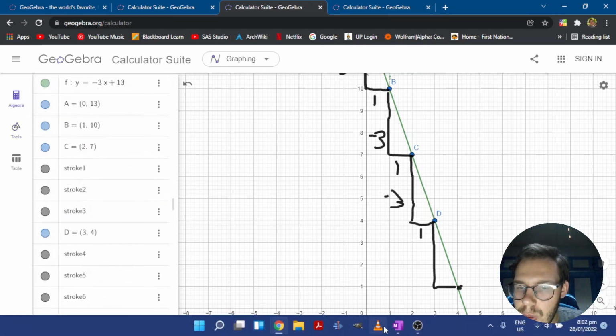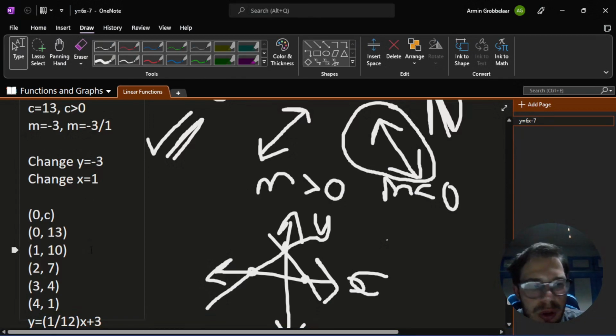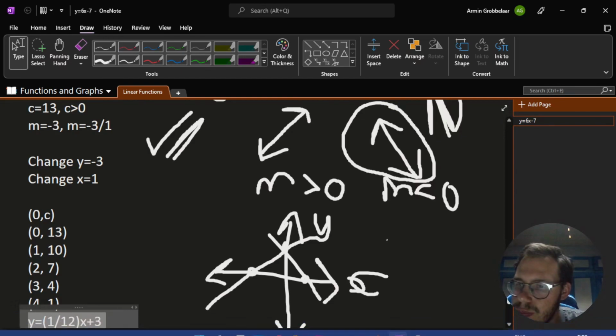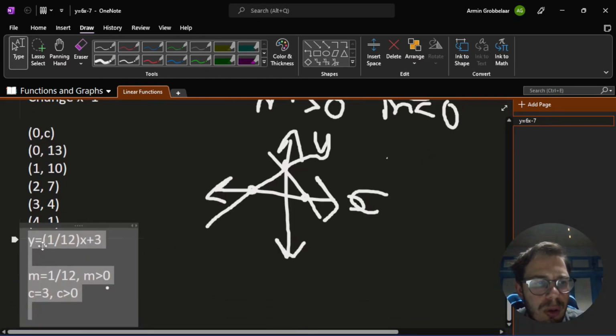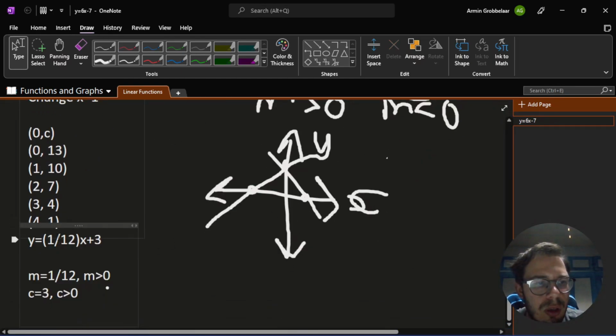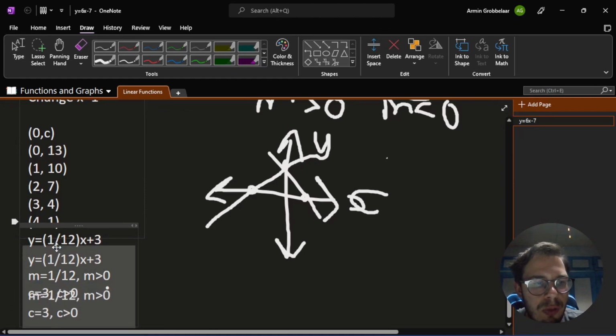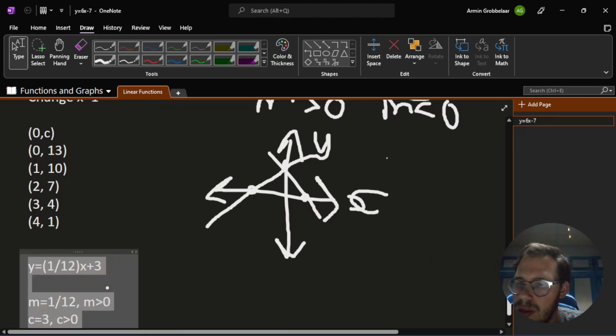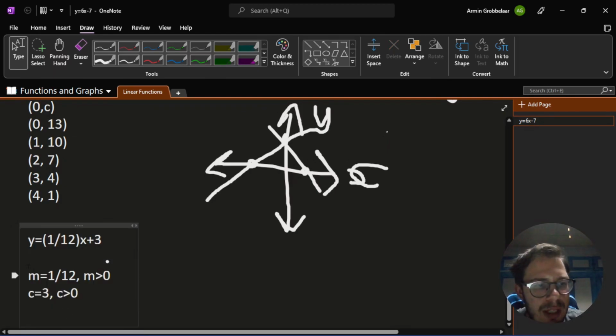So now to draw the final graph. So the final graph is y is equal to 1 divided by 12x plus 3. So you can see here m is equal to 1/12, so 1 divided by 12.